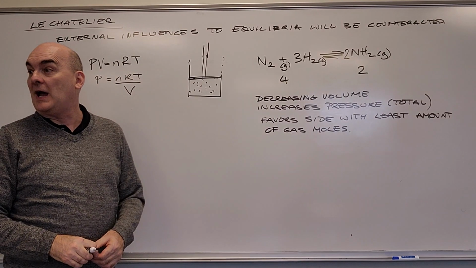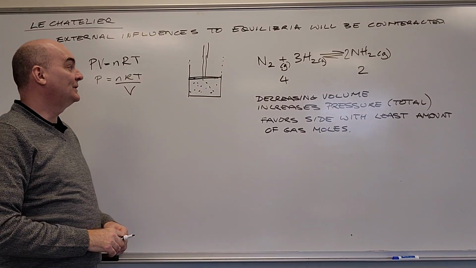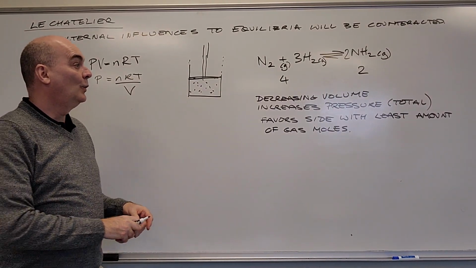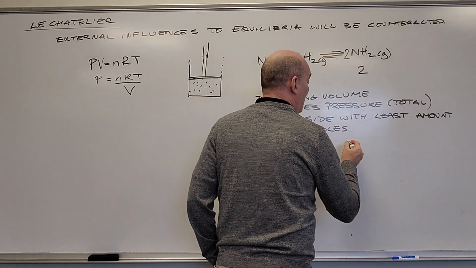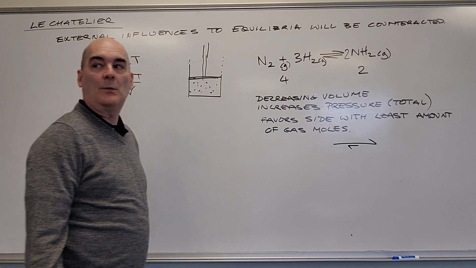And the more of them that you have, the more sensitive they are. So when we decrease the volume, we increase the pressure, and our equilibrium position shifts that way.